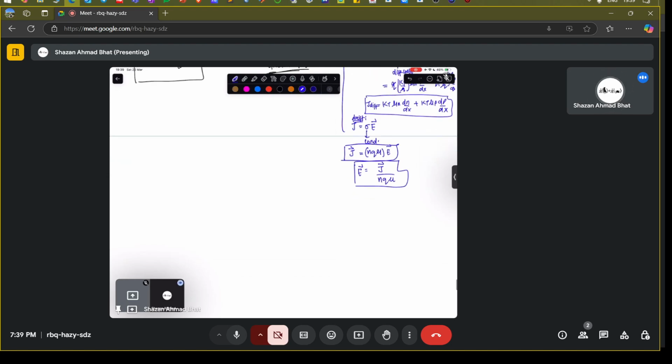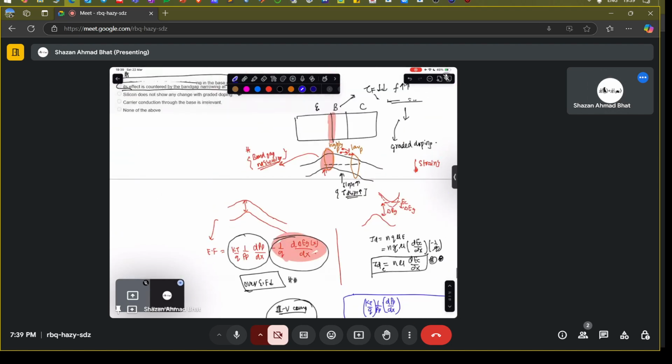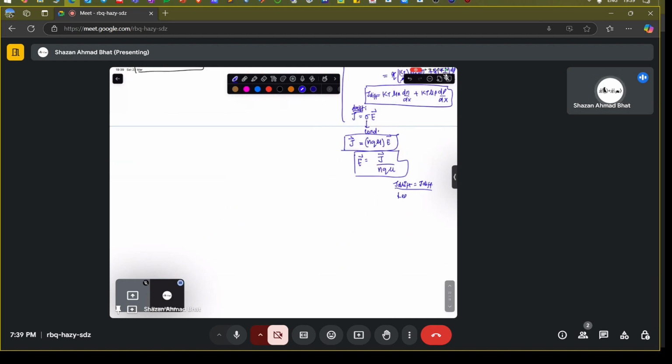So if the drift current is equivalent to J diffusion, why are we applying voltage here? Drift current is equivalent to diffusion at equilibrium. So you have the electric field equivalent to J drift over Q mu, which is J diffusion.